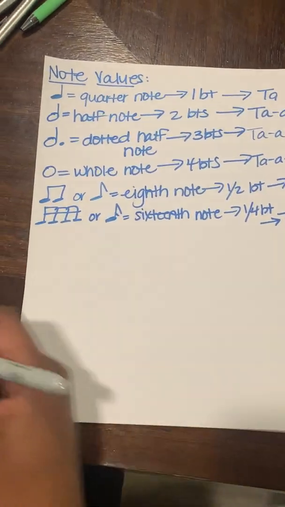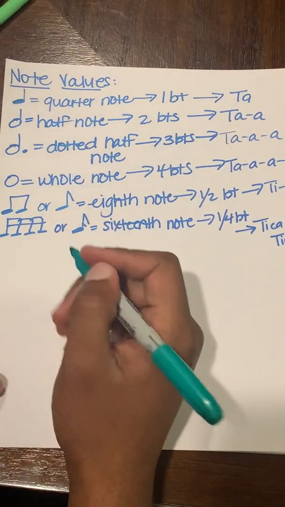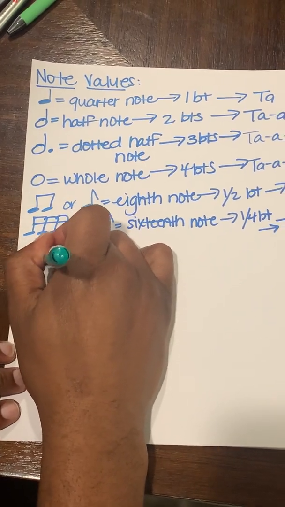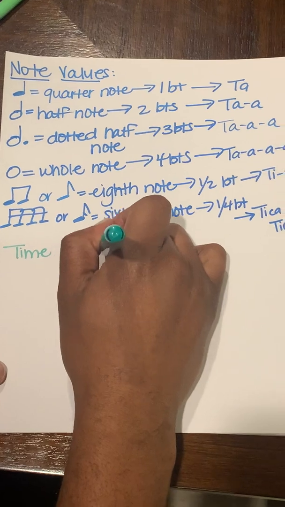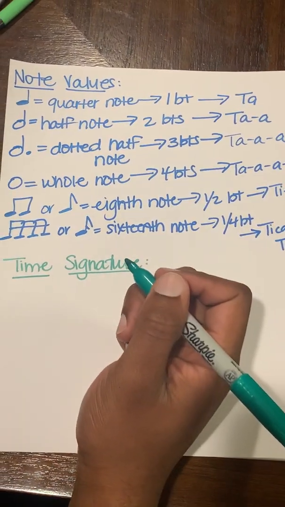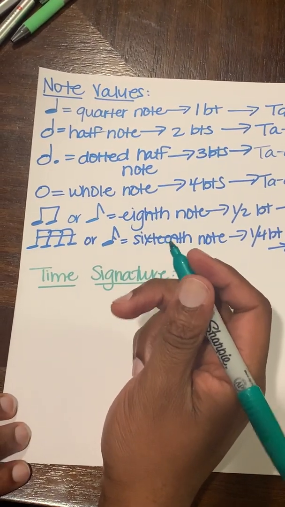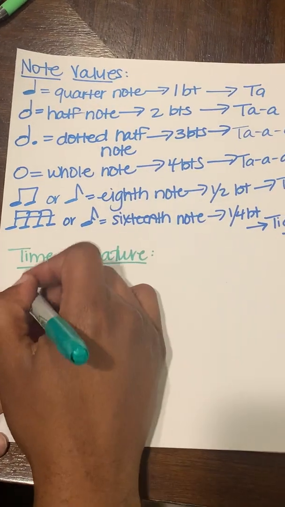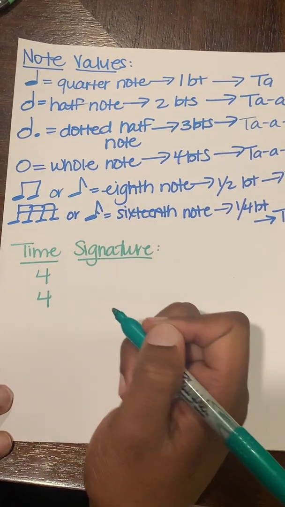All right. We're going to move ahead and talk a little bit about time signature. Okay, so the time signature appears at the beginning of the music, and it's usually 2 numbers stacked on top of each other. So you may have seen it look like this before. Okay.